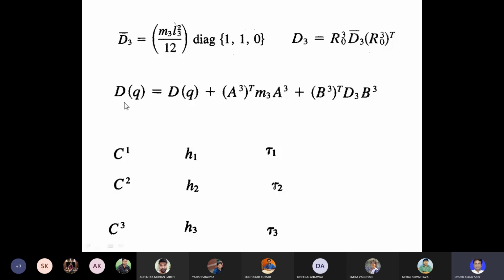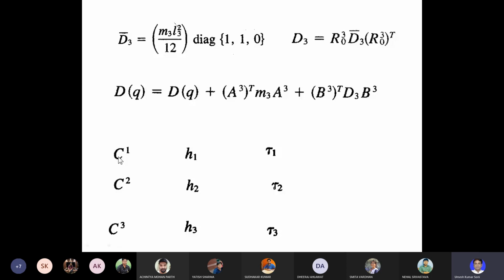So overall, the inertia tensor of whole system, including the three links, is D3 cube equal to D1 cube plus D2 cube plus A3T M3 A3. This transformation. Last, you find the C1. This you find using the equation for CIKJ.